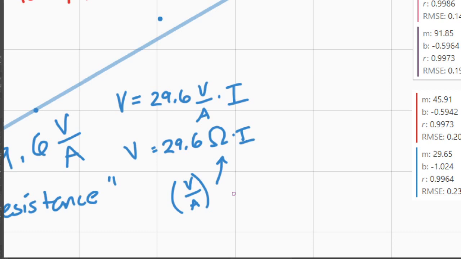This is the resistance. So succinctly, you'll commonly see this written like this. The voltage running through any single circuit will be equal to the resistance of that circuit times the amount of current flow going through that circuit.